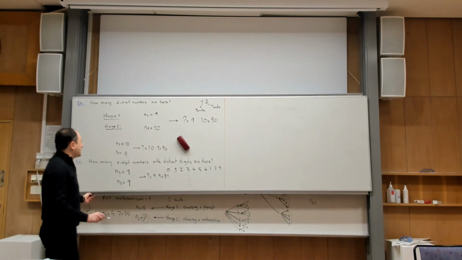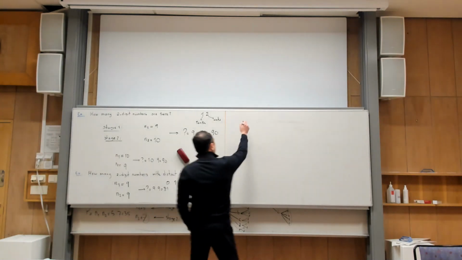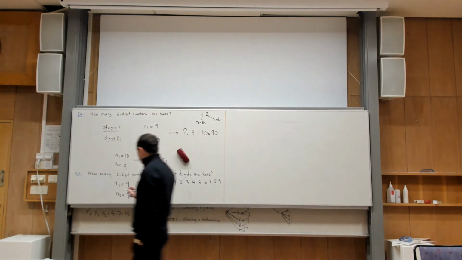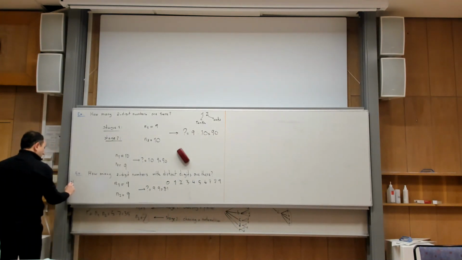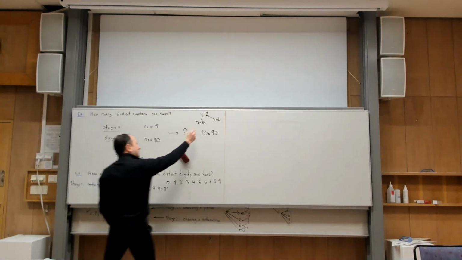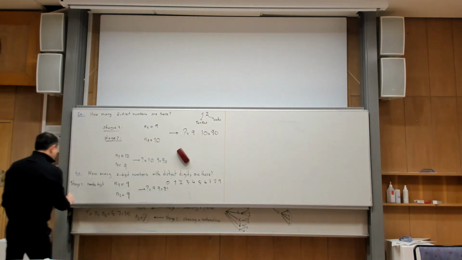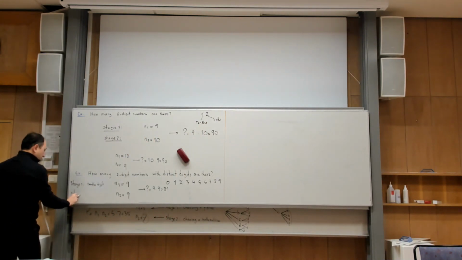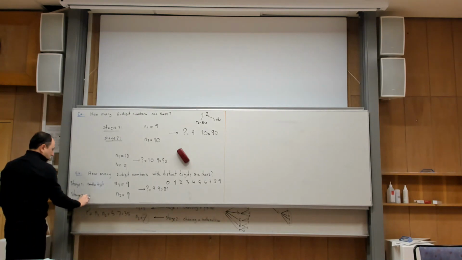Now the question is, if I want to choose stage number 1, here, stage 1, tens digit. Stage number 2, units digit.